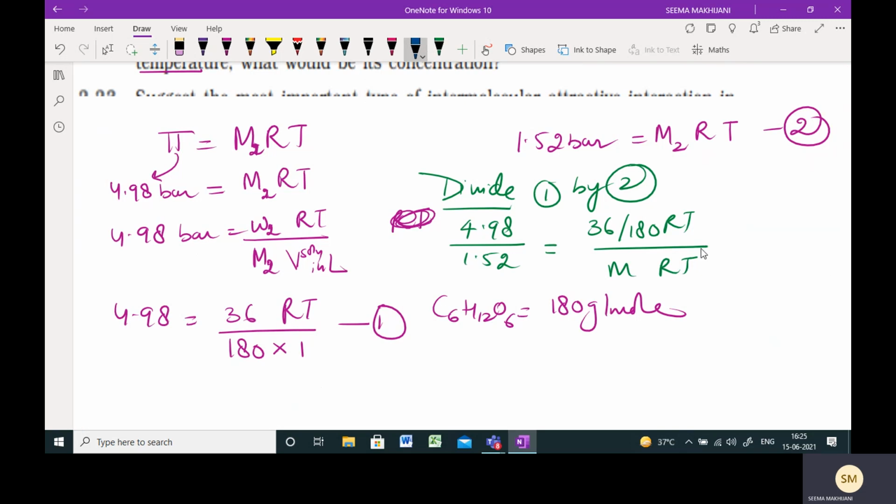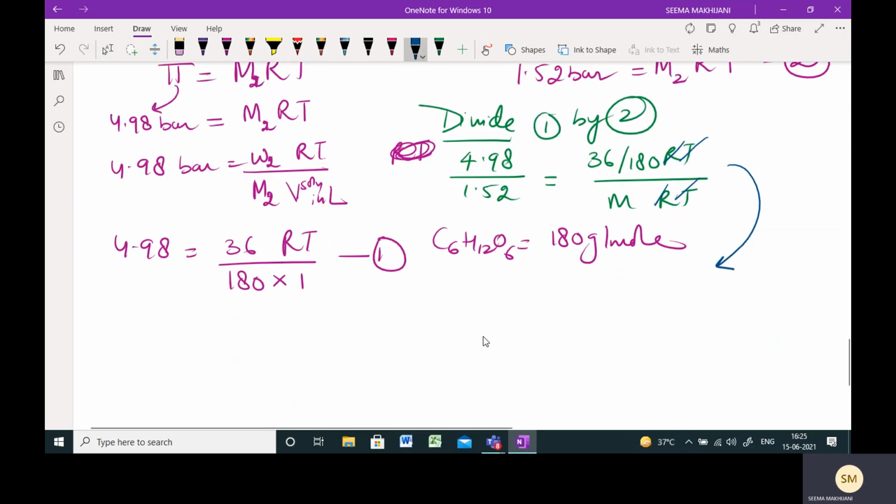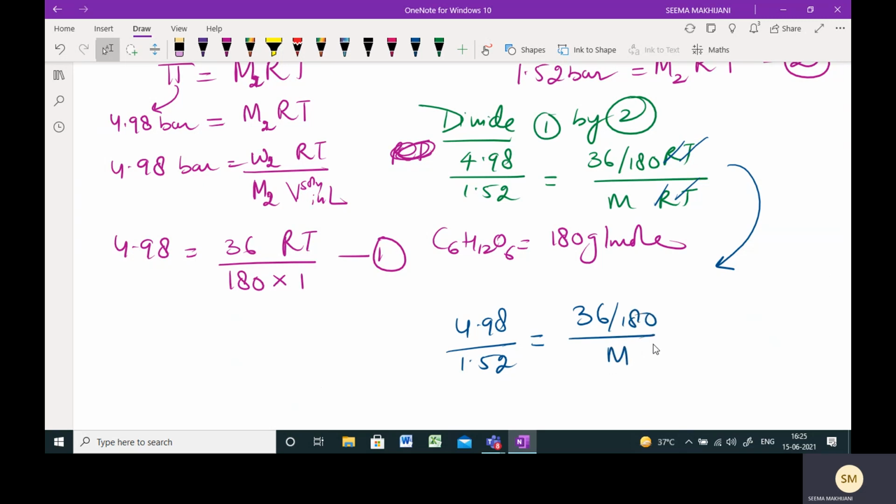Hence, as you can see, the R and T get cancelled and the relationship becomes 4.98 divided by 1.52 is equal to 36 by 180 divided by the molarity of the solution.